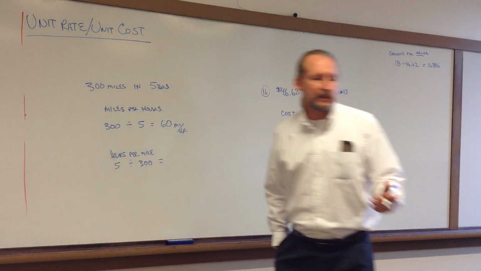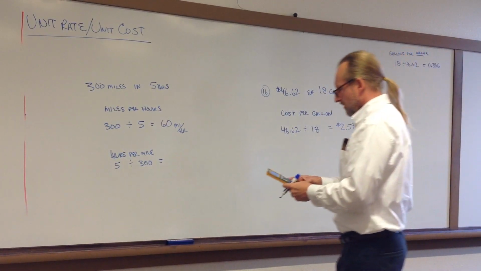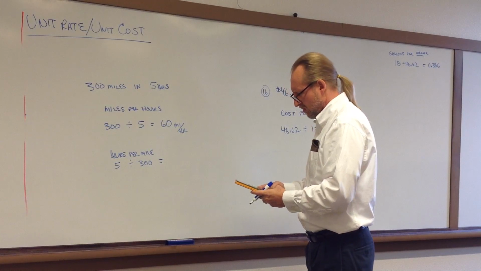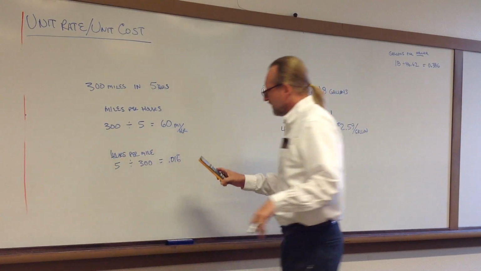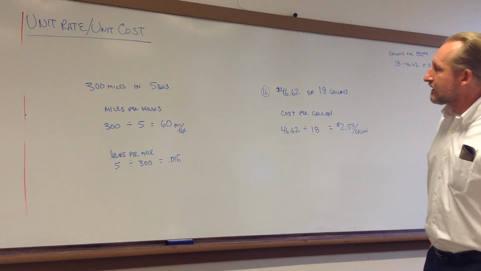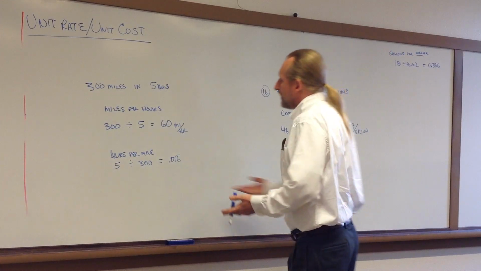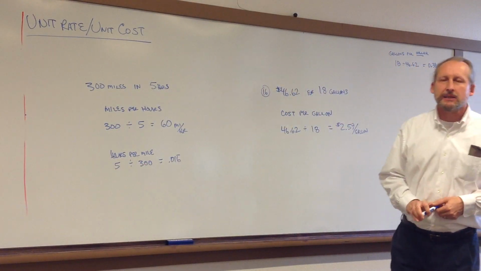This is going to be 1/60th, which is I think going to be like 0.016 or so. So that's why it's so small, because if you're using hours as your unit, then talking about how many hours it takes to drive a mile is not really all that helpful. Okay? And we'll talk more about that in the next topic.